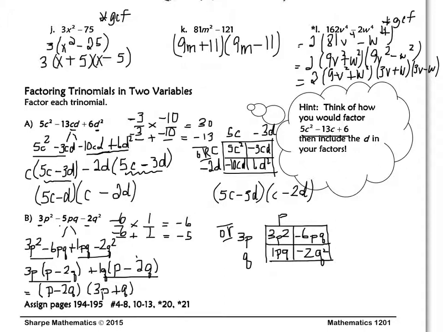And then the next column starts with a negative, so you have to take out the negative, and 2 goes into both of those numbers, and both of them also have a q. So that would be your common factor of that last column. Therefore your factors would be p minus 2q and 3p plus q, which is the same answer we got when we did it using decomposition.